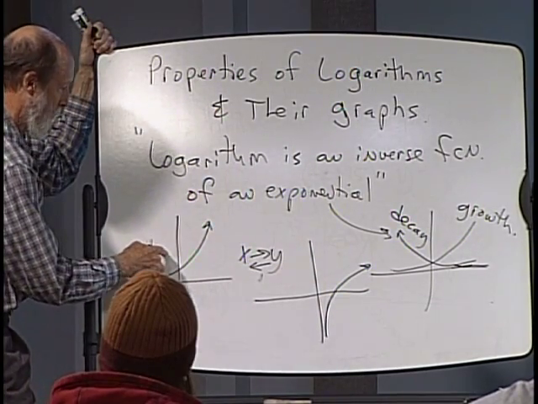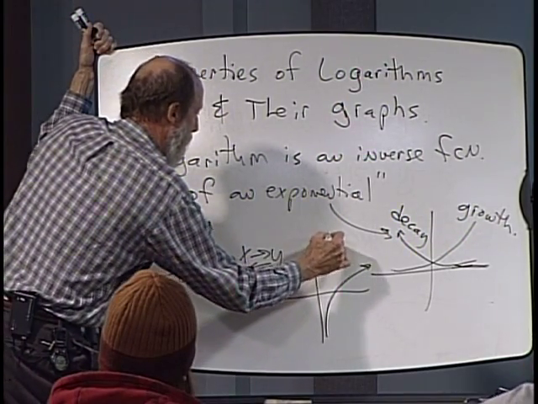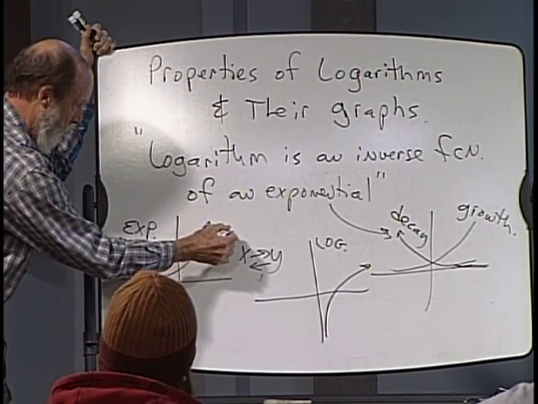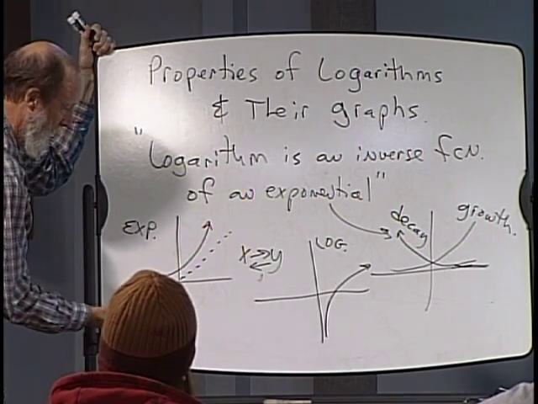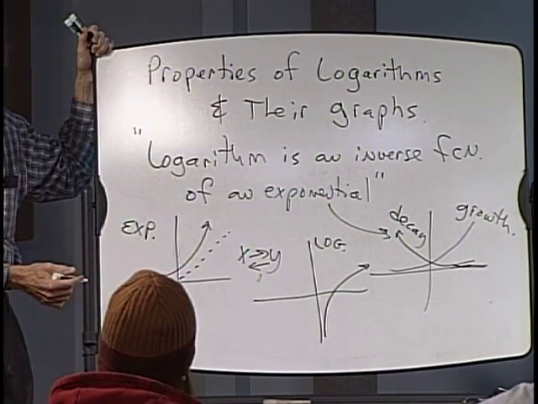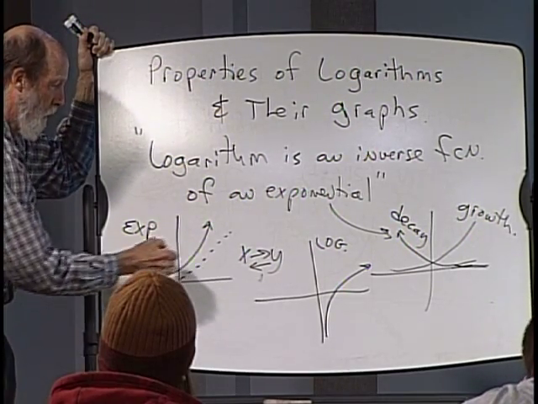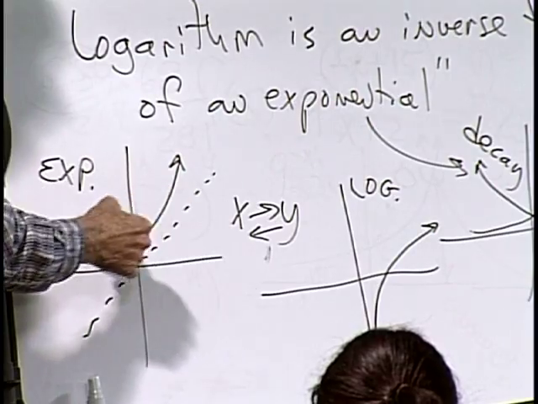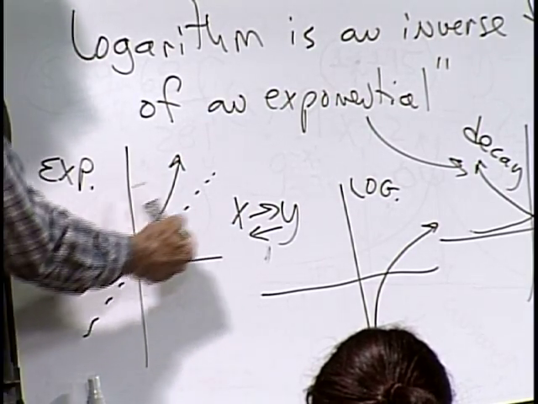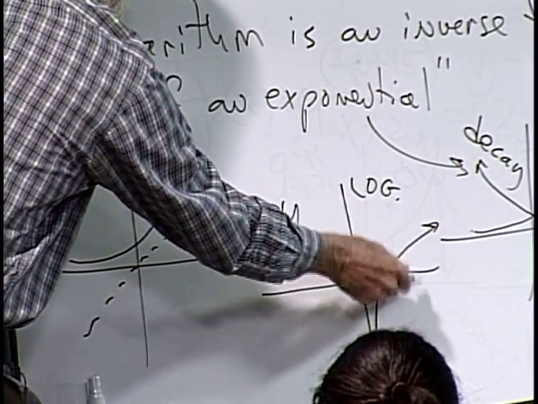So here's the exponential, and here's the logarithm. And they will have symmetry around the y equals x line because you're forming the inverse. As I said a moment ago, this passes a horizontal line test. We call that 1-to-1. Then the inverse of it passes a vertical line test.